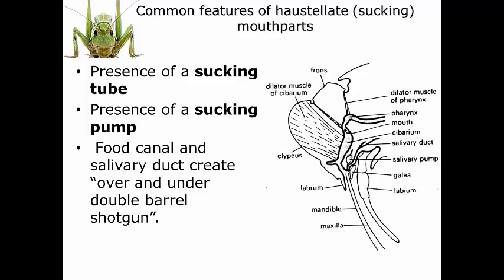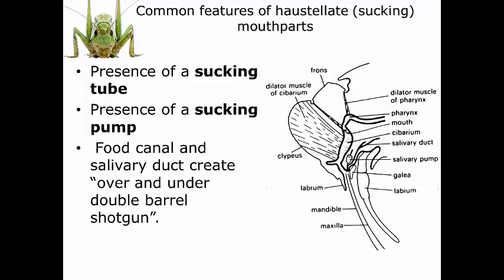This tube is the means by which liquid food is drawn into that preoral cavity and ultimately into the digestive system. Mouthparts used to form this feeding tube vary among different groups, but they're derived from the same basic parts that are found in the mandibulate insects. So all those parts are there to some extent, and they're just modified very, very highly.